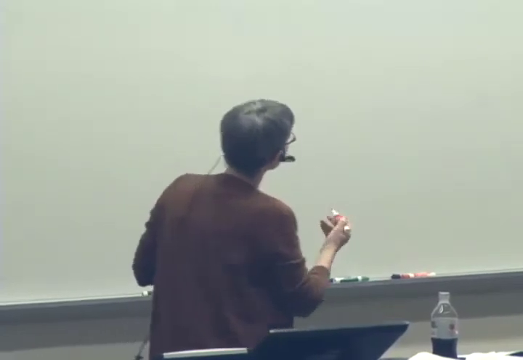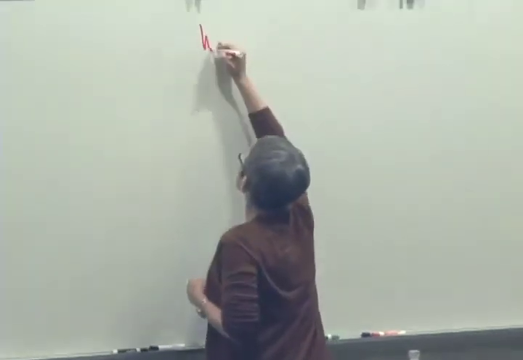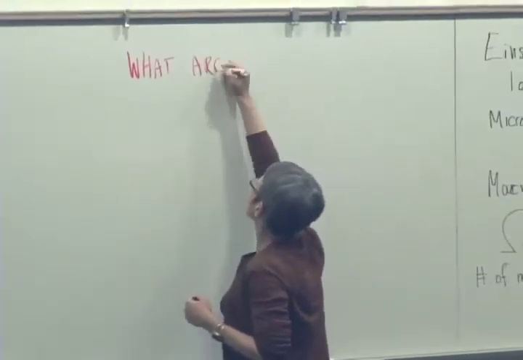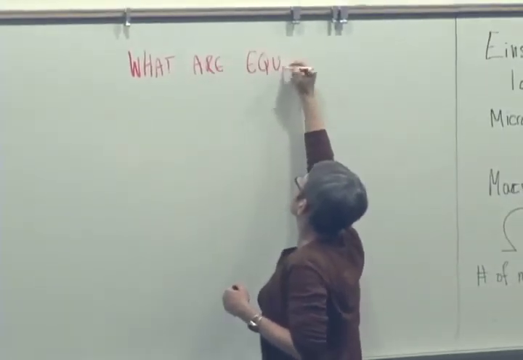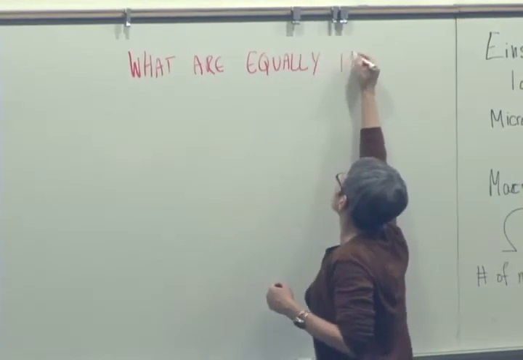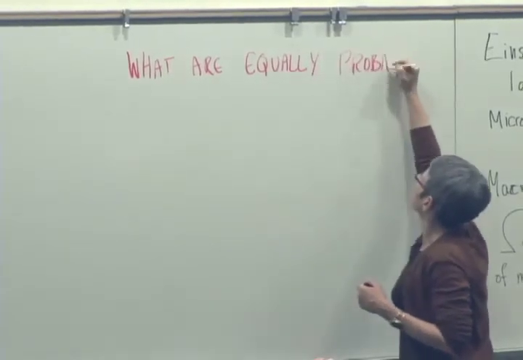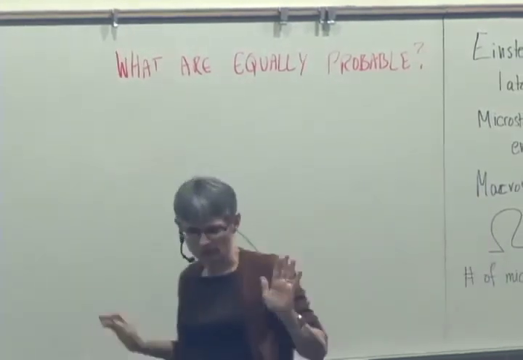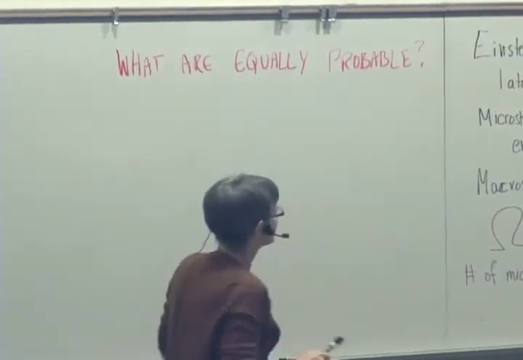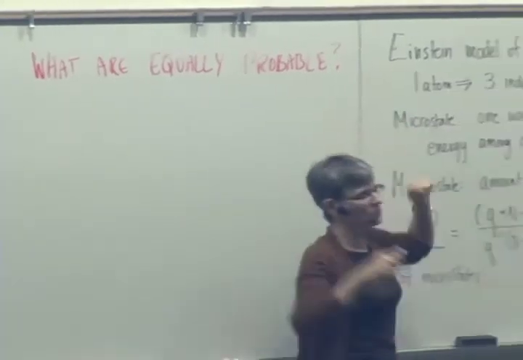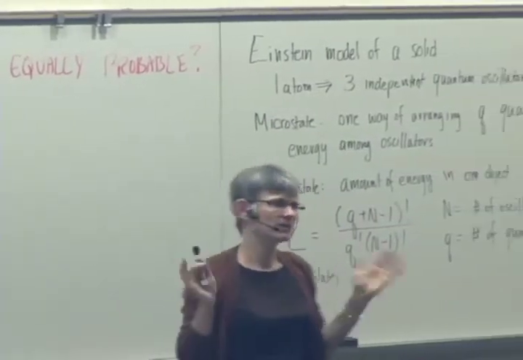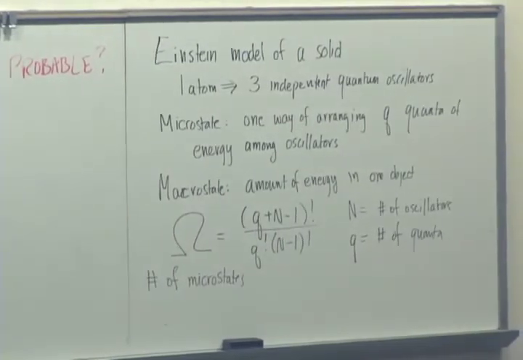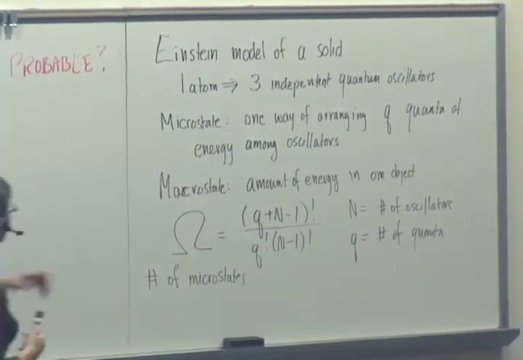So what is it that our fundamental assumption says are equally probable? Well, let's review some words we've been using. Remember that in order to talk about these things, although these ideas are more general than the model system we're using, we've been doing this in the context of a model of a solid.